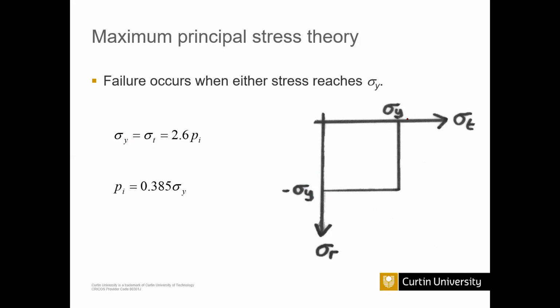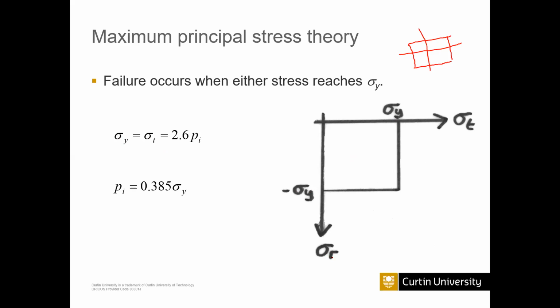If you remember, we can draw the experimental theory. This is the safe zone. This is the failure zone. So this is the fourth quadrant: the safe zone and the failure zone. This is sigma t, like sigma x, and this is sigma y. So if sigma t is less than the yield strength, it will be inside.